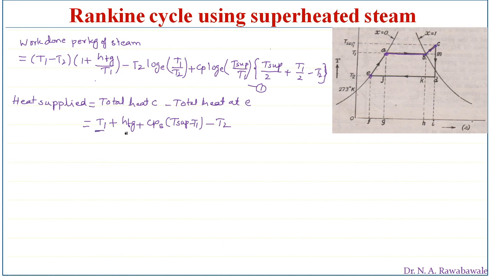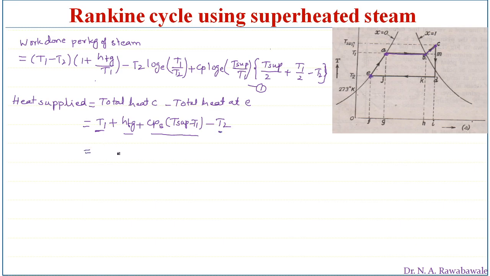So first T1, plus HFG latent heat of vaporization, plus the third part Cps into T sub minus T1. This is the enthalpy of superheated steam or heat supplied to superheat, minus T2. So heat supplied up to point E is subtracted.